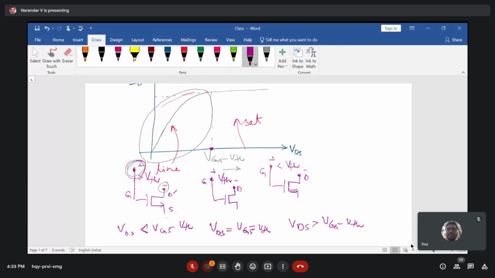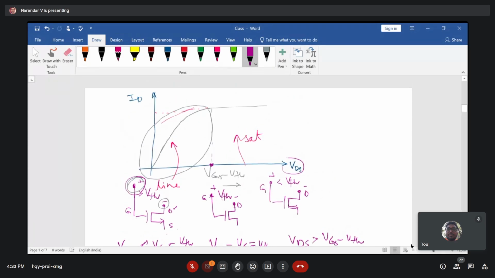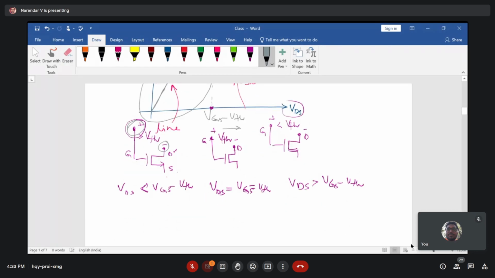So these three are the different modes of voltages at the gate and drain terminals of your transistor, from 0 to higher values of VDS. As you see from the plot, the current increases in the linear stage and then saturates when your VDS value is much higher than the overdrive voltage. VGS minus VTH can also be referred to as the overdrive voltage.